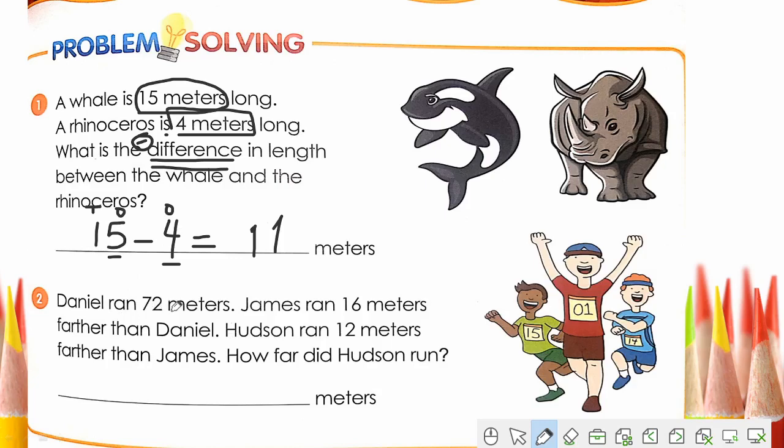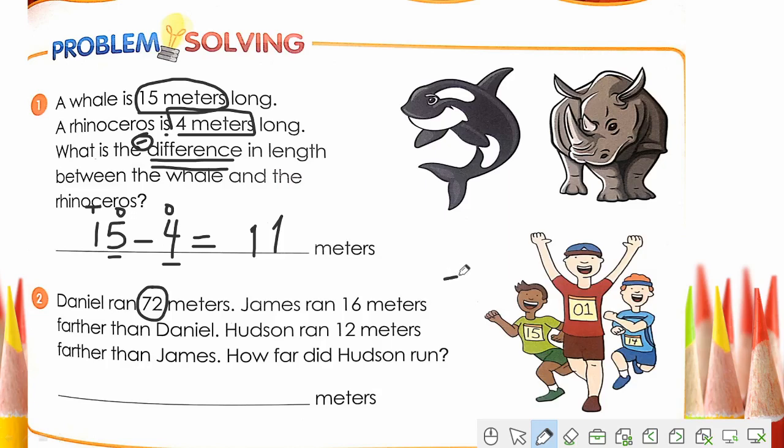Daniel ran 72 meters. James ran 16 meters farther than Daniel. So 72 meters for Daniel. James ran 16 meters more than Daniel.